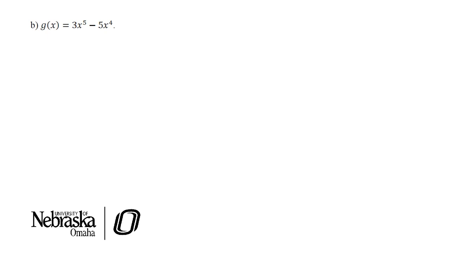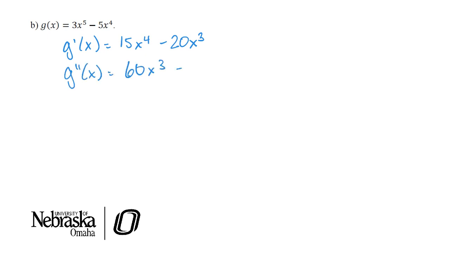All right, another example. Same instructions. So we want to find the first and the second derivative. Our first derivative would be 15x to the fourth minus 20x cubed. Second derivative would be 60x cubed minus 60x squared.